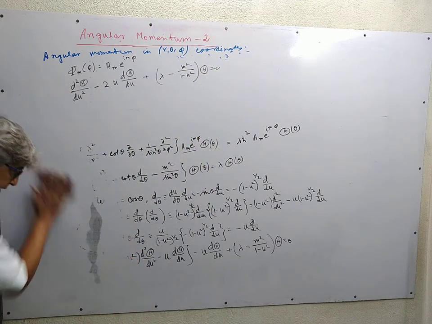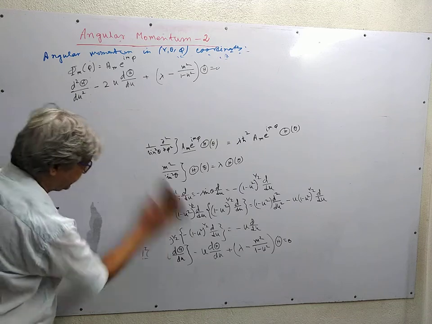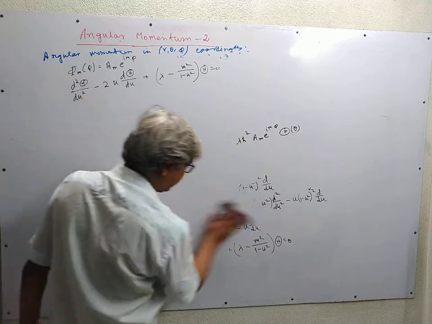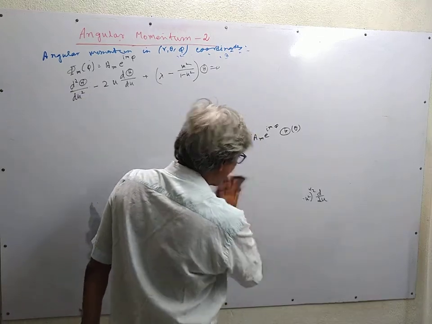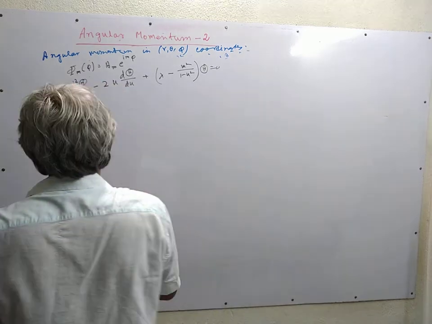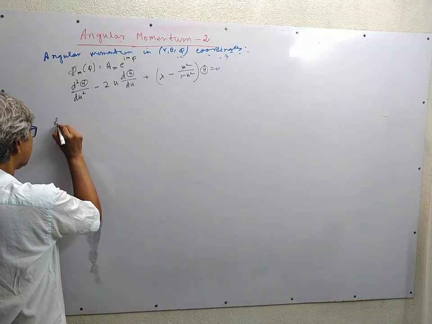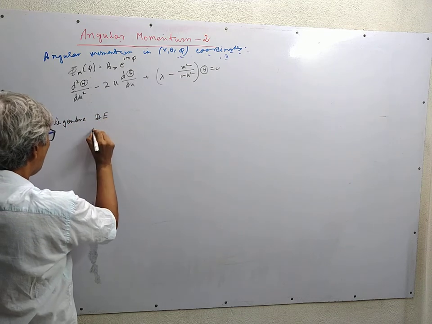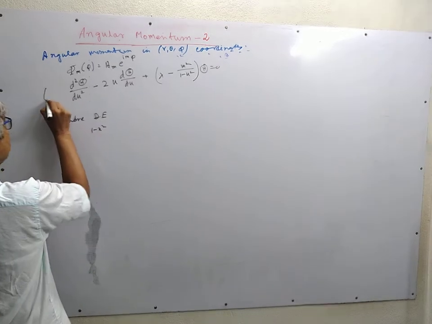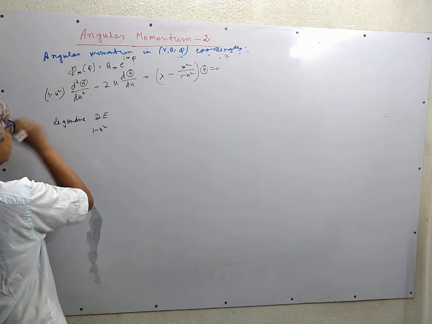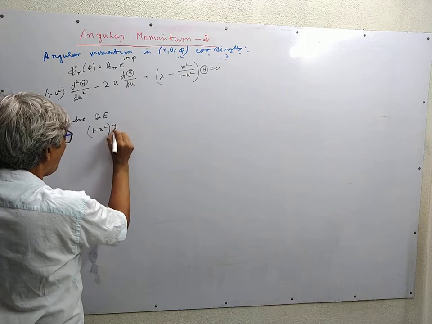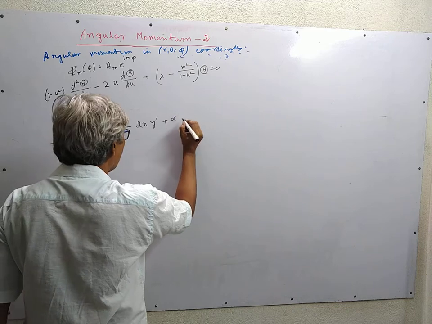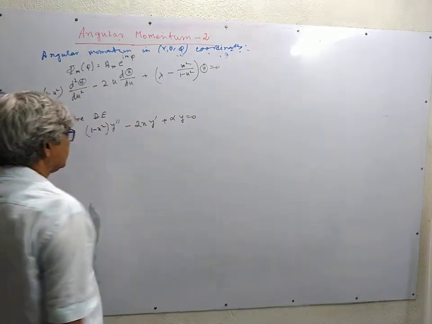In our earlier class on the Legendre differential equation, we found that it is 1 minus x squared y double prime minus twice x y prime plus alpha y is equal to 0.